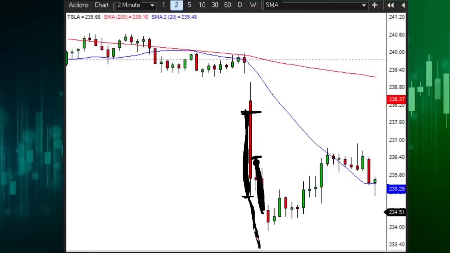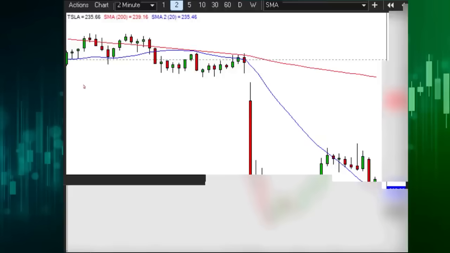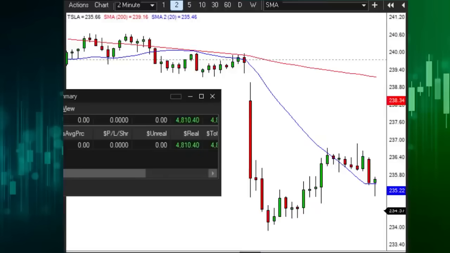And this is what you got. This is the real length of your trade. So that was worth a nice little 4,800 on both plays combined. Not bad. Not bad for 2, 4, 6 minutes.